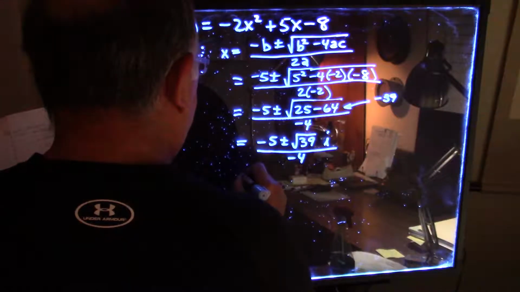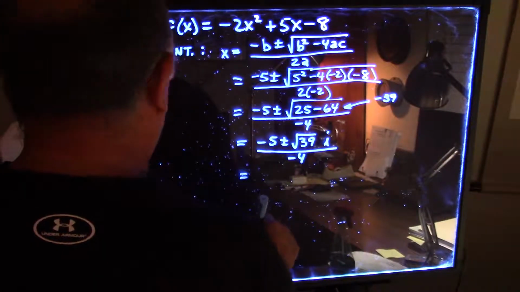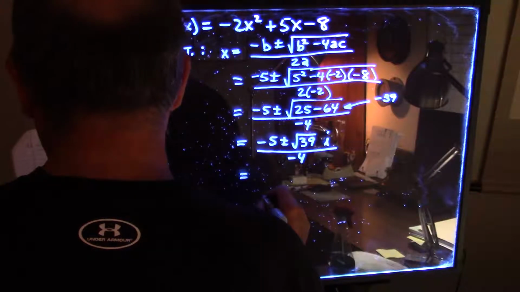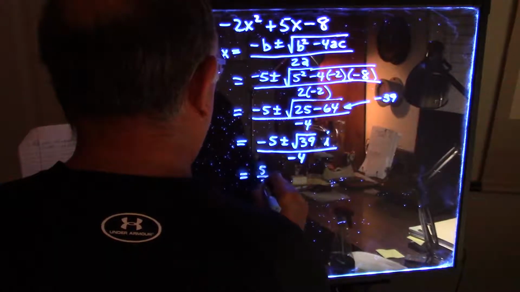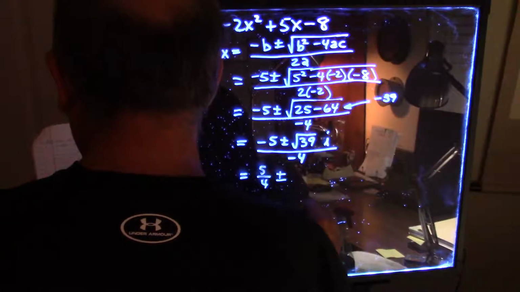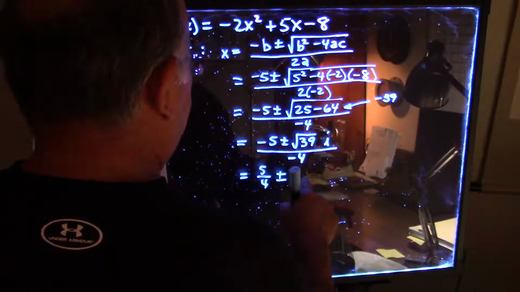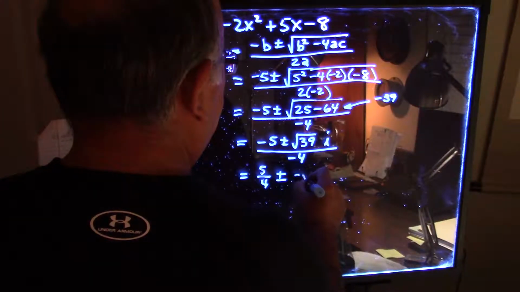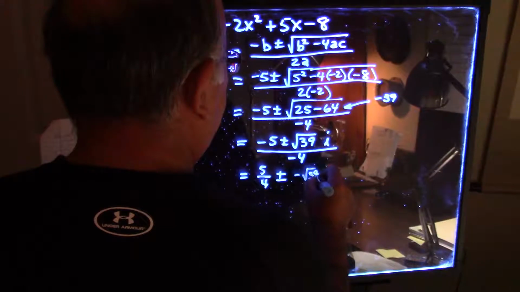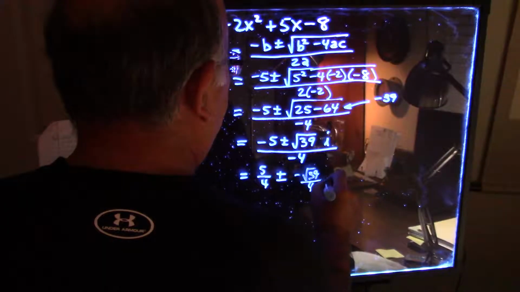We'll write it in standard form. That's negative 5 over negative 4, or 5/4, plus or minus, and then the 4 here is negative, right? So you could put a negative here: negative square root of 39 over 4 i.